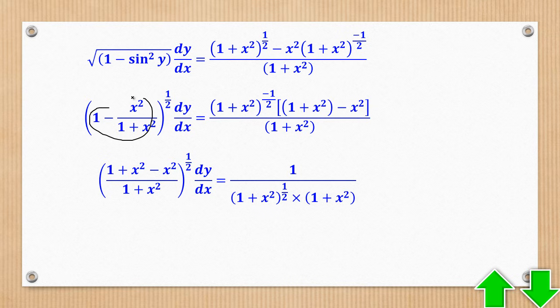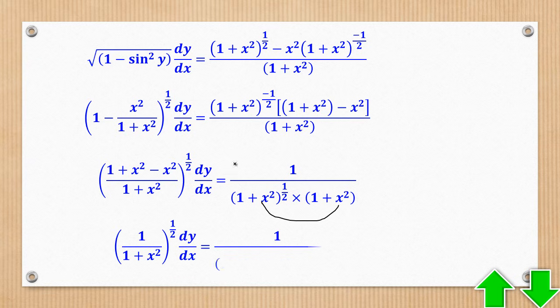Here, this side I'm trying to combine into one quotient to give you this by getting LCM, and here this and this cancel, will remain with 1, which is this. Then this one goes down to the negative power. When it goes down, it becomes a positive power. Then this is now same base, so you have to add the powers.